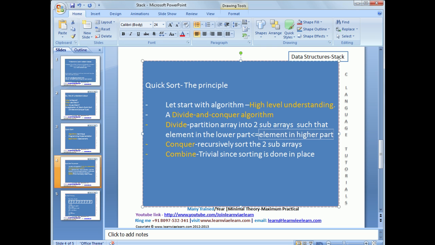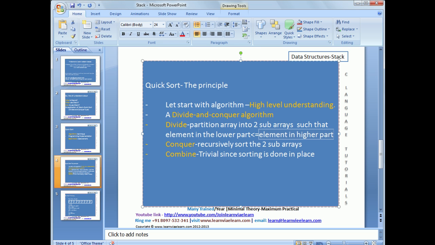For example, if I take an array of 10 elements, we divide the array and solve these two parts in such a way that the left part has all the elements smaller than the right part.